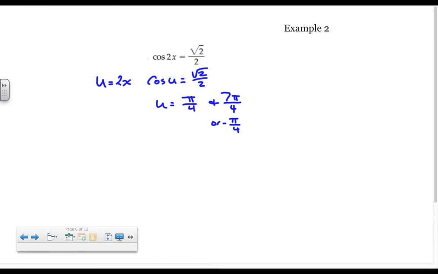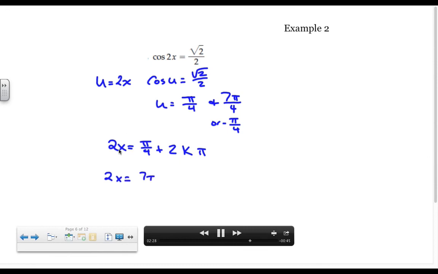So, anyway, but either one. It has to be between negative pi over 2 and pi over 2. So you have 2x equals pi over 4 plus 2k pi, because now this is u, right? And u is the same thing as 2x. And then I use 7 pi over 4. I shouldn't have done that. It's still the same thing, basically.